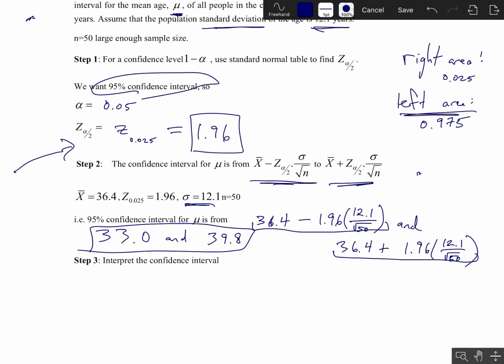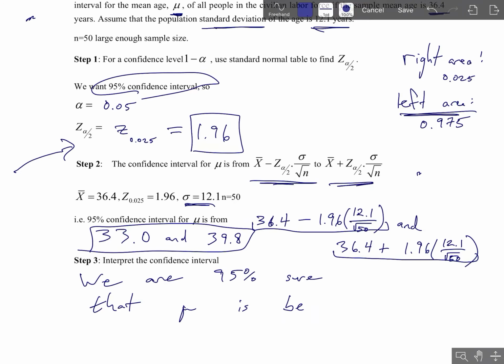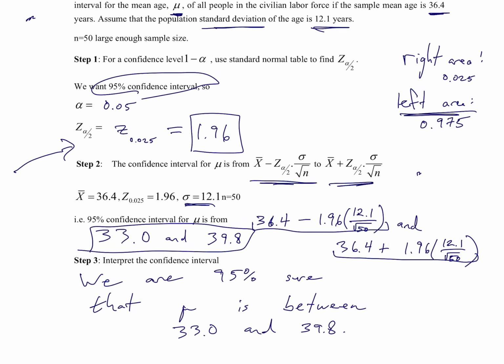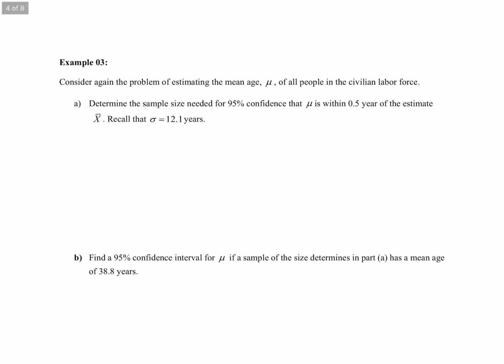And that's step 3, just to interpret that. So we are 95% sure that mu is between 33.0 and 39.8. Okay. So that's all that we're looking for here.